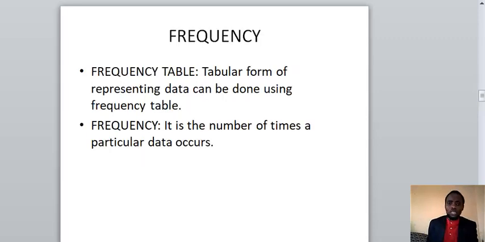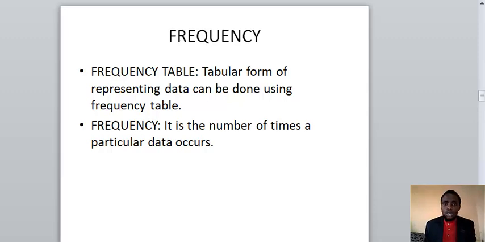But another thing we need to look at before we go deep into this is frequency. First of all, we need to talk about the frequency table. The frequency table deals with the tabular form of representing data.